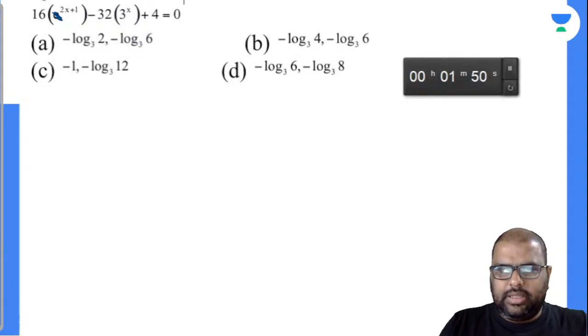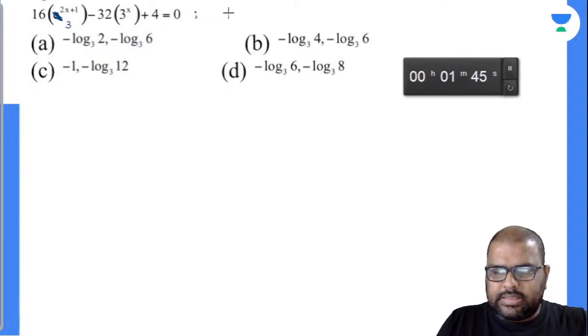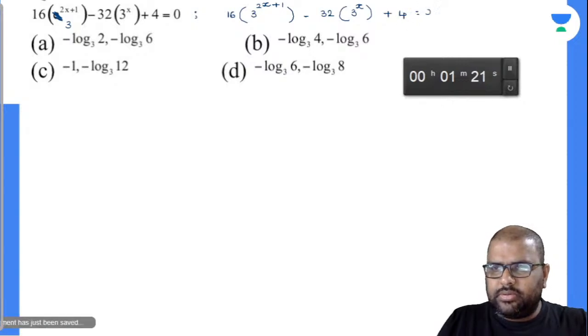So I'll write down the equation for you again: 16 into 3 to the power of 2x plus 1, minus 32 into 3 to the power of x plus 4, is equal to 0.